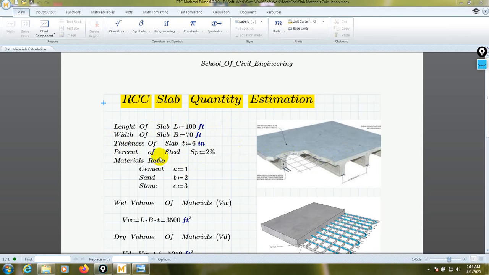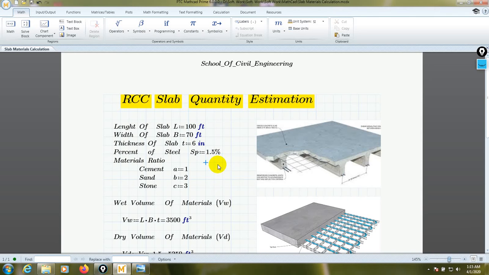We'll also consider the percentage of steel with respect to volume as 1.5%. Generally 1.5% is enough for a slab. Sometimes it's considered 1.25%, 1.5%, or 1.75% according to the structure; it depends on the structure and its load.